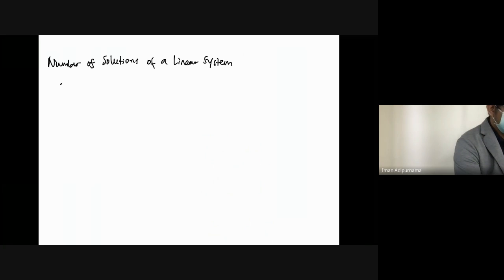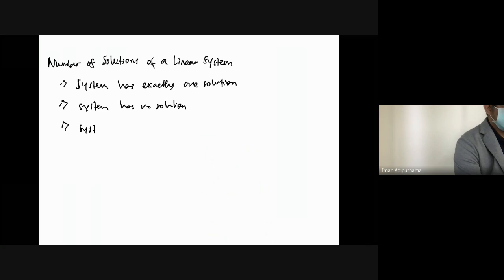So first, as you know, the system has exactly one solution. The system has no solution. And the system has infinitely many solutions.